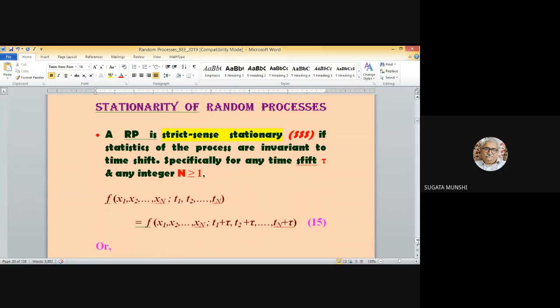So we have shifted from the collection t1, t2, t3, t4, up to tn to the collection t1 plus tau, t2 plus tau, t3 plus tau, in this way up to tn plus tau.